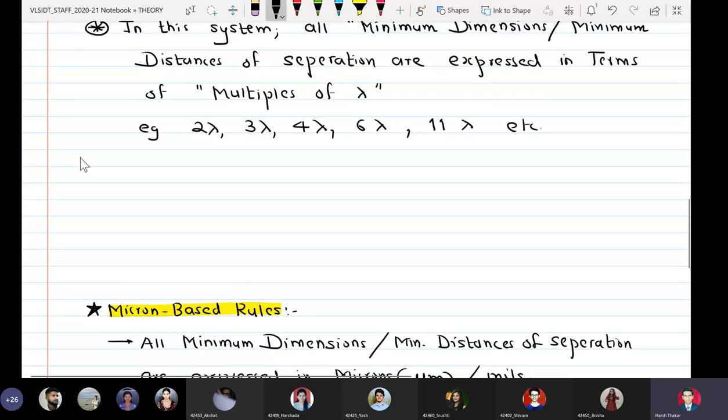Okay, so we can say standard rules. So examples of standard rules are: the first rule is that metal and diffusion have minimum width of 3 lambda.